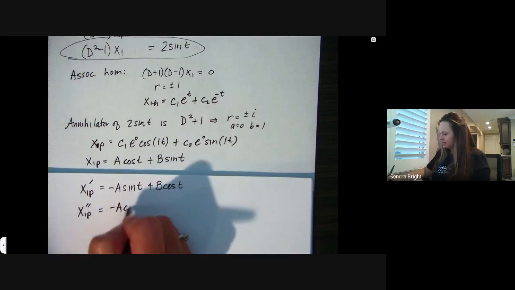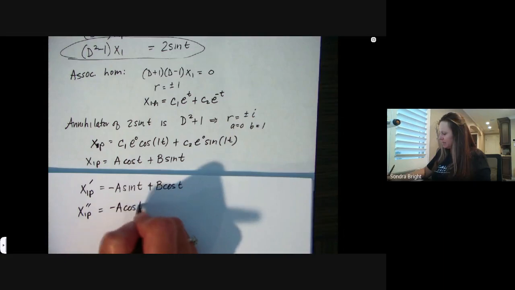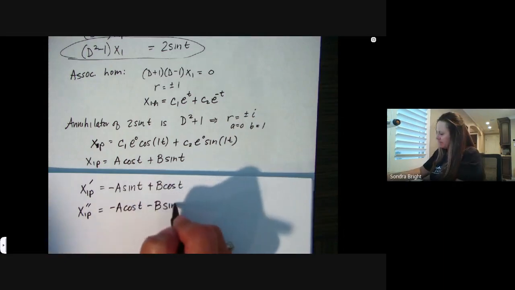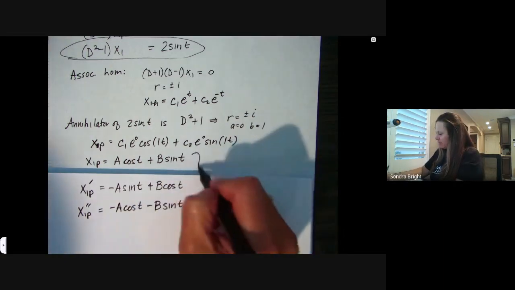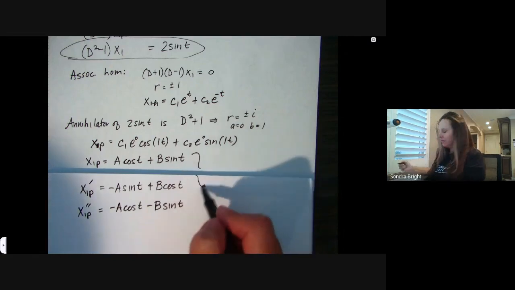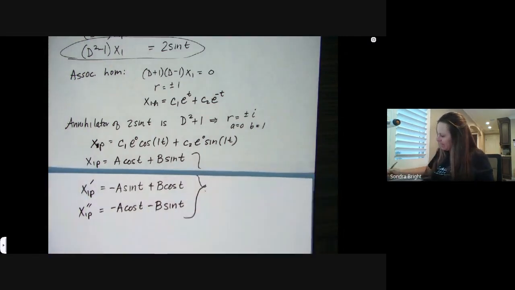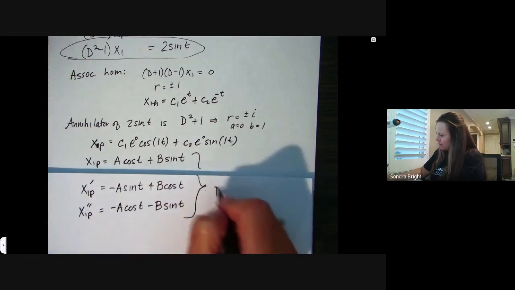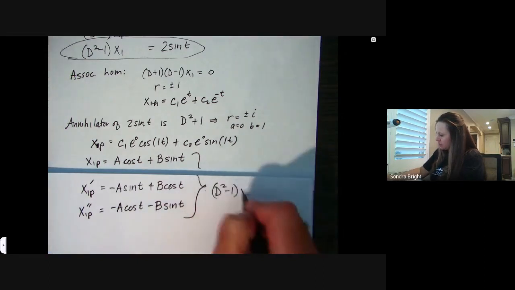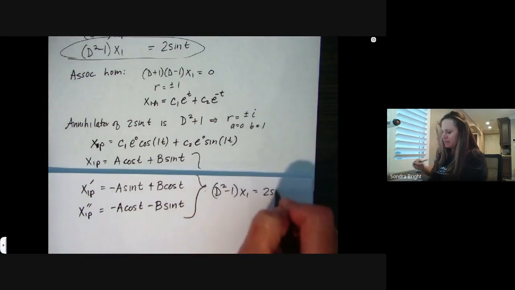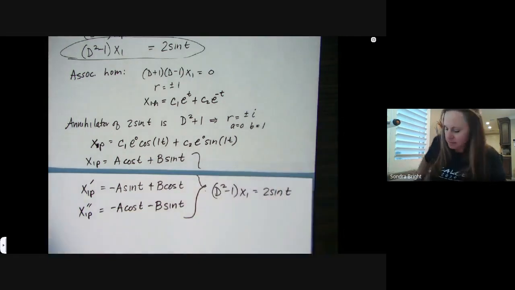Derivative of cosine is negative sine, so a negative b sine of t. So we're going to take these guys together, and I'm going to plug it into D squared minus 1 operating on x1 equals 2 sine of t. So that way we can solve for these constants.